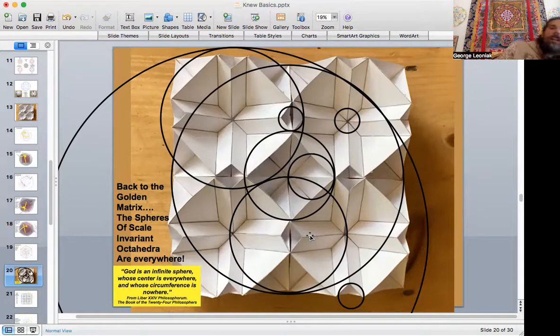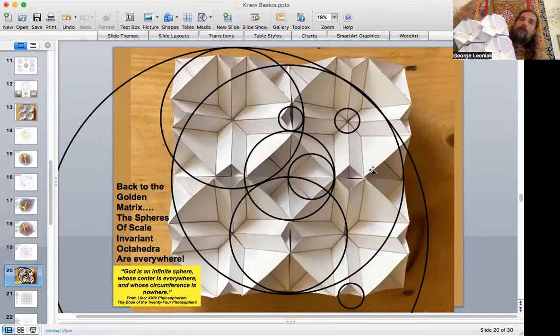If that golden spiral can emanate off of any point on these surfaces of these spheres, which look like circles, that's a lot of golden spirals through this. I mean, the golden matrix, just like this thing I worked on building for a while, which is probably made up of the golden matrix anyway.